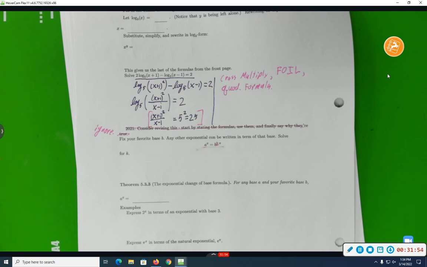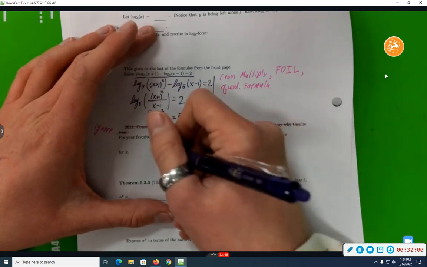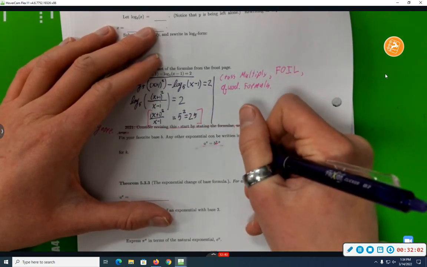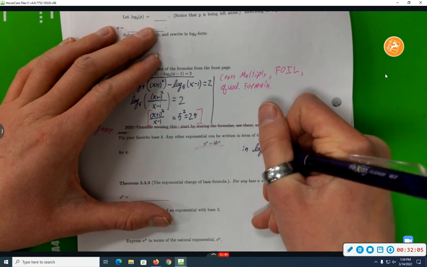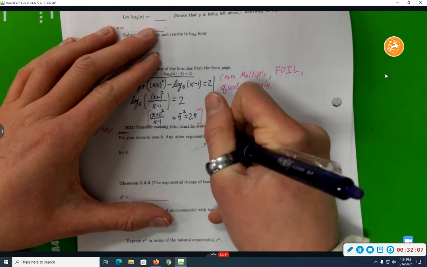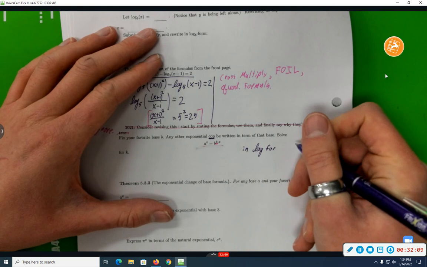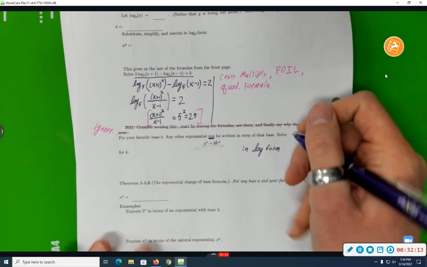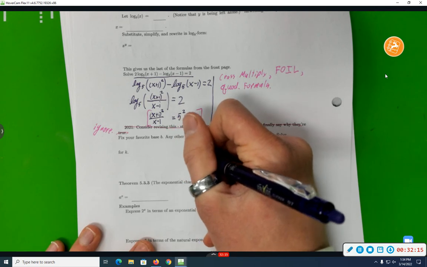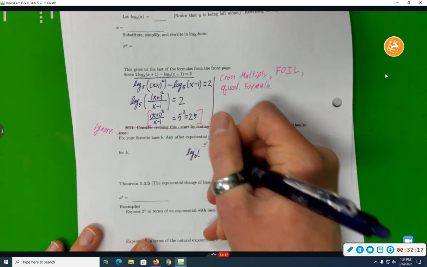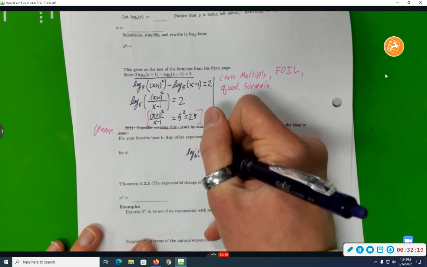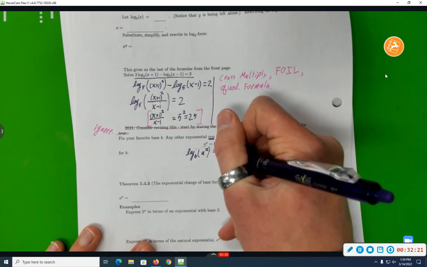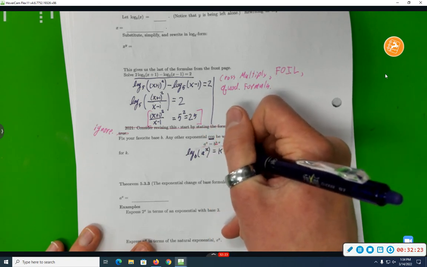I can rewrite that in logarithmic form to get, oh, there's another embarrassing typo. So do that. Log base b of a to the x equals k times x.